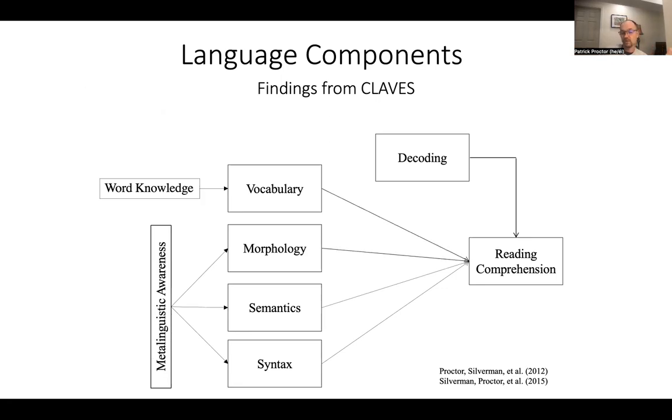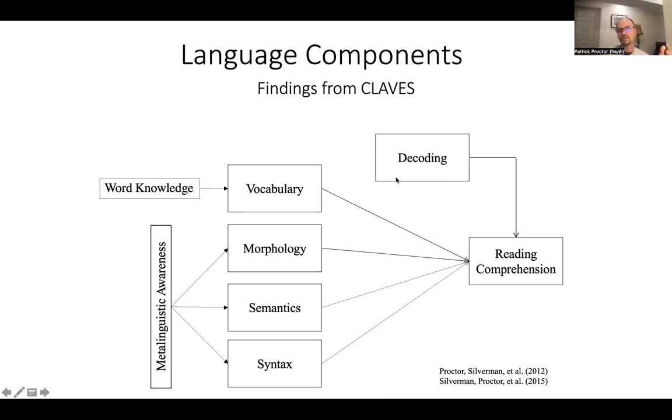of component models. And what we found was, if you think about metalinguistic awareness as measured variables, morphological awareness, semantic awareness, and syntactic awareness, and word knowledge like vocabulary, which is not particularly metalinguistic, but it is linguistic, all of those predict reading comprehension independently, taking decoding into account.